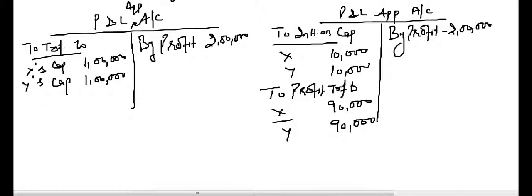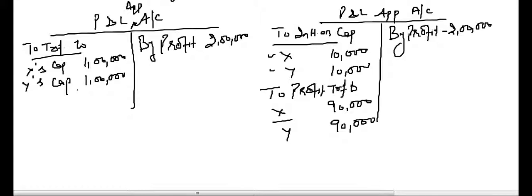Now after the closure of books, they realized that the interest on capital is not accounted for and the profits have been paid extra to the extent of interest on capital, because the profit should have been 90,000 and X has been paid 1 lakh. Similar for Y. They are paid extra profit of 10,000 each. Clear?